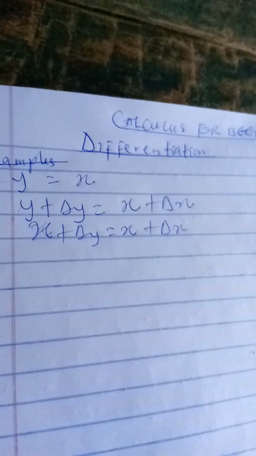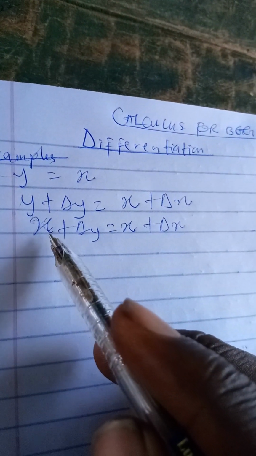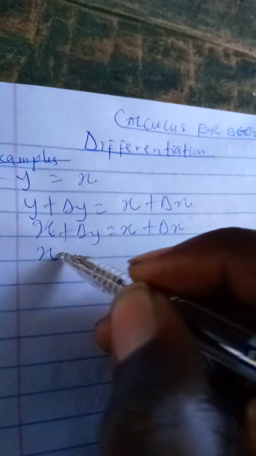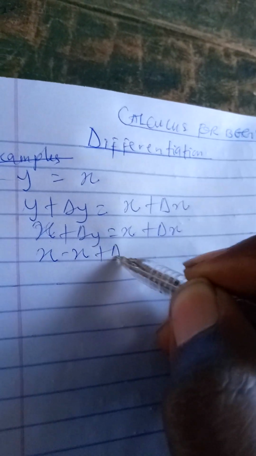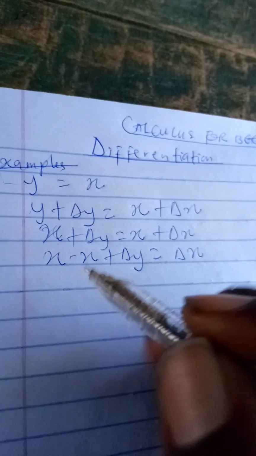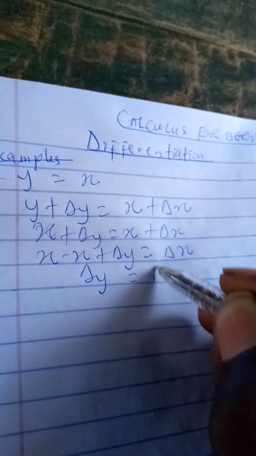So you have to collect like terms. x and x are the same thing, so you have x minus x plus change in y equals change in x. x minus x gives us 0, so I have change in y equals change in x.